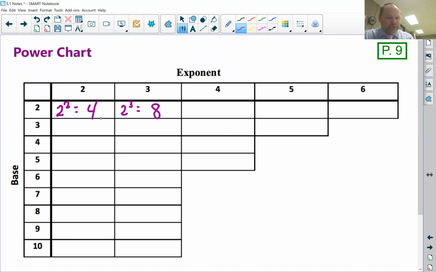So what we're doing as we move to the left in this first row is we are multiplying by 2. So 2 to the fourth power would be 16 because 8 times 2 is 16. 2 to the fifth power is 32. And 2 to the sixth power is 64.